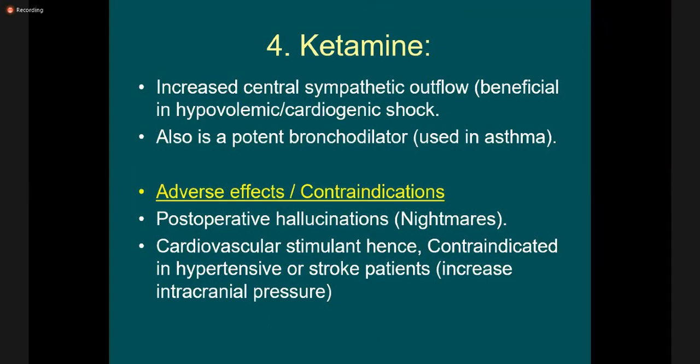So another advantage is that it causes bronchodilation. So it can be safely used in the asthmatic patient. For an asthmatic patient having low blood pressure, ketamine is a good choice, and it is usually done in children and elderly patients.